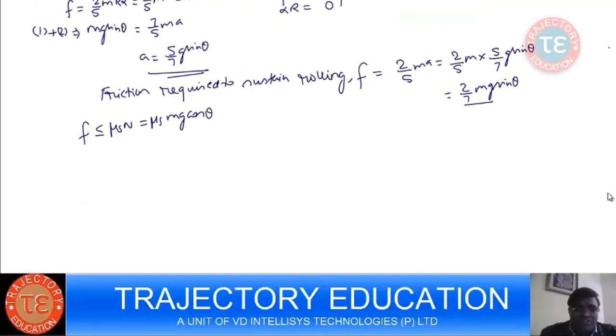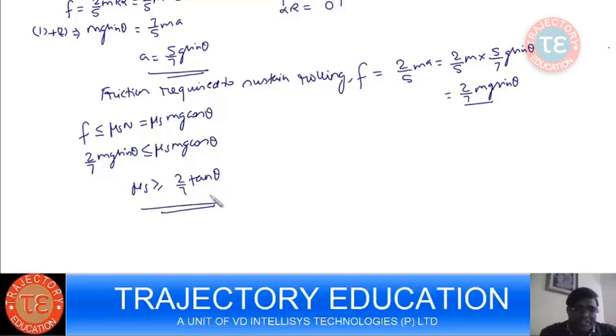So your friction required must be within its capacity, less than or equal to mu s mg cos theta. So it means your mu s must be greater than 2 by 7 tan theta.